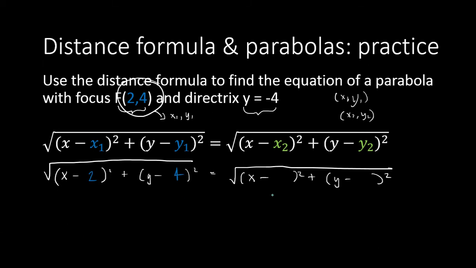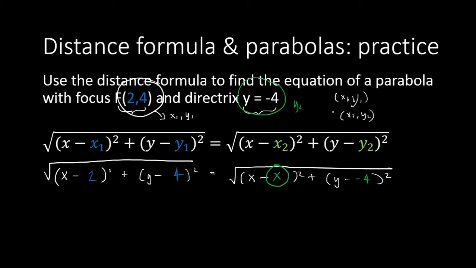Now, what about this other side? What am I going to do with y equals -4? Well, I'm going to use it for my y2 coordinate. So y equals -4. I don't have an x coordinate, here's how I work around that. I'm going to write x. Okay? Take a moment to consider that. I didn't just write 0 because 0 would be an actual coordinate. I have no x coordinate.